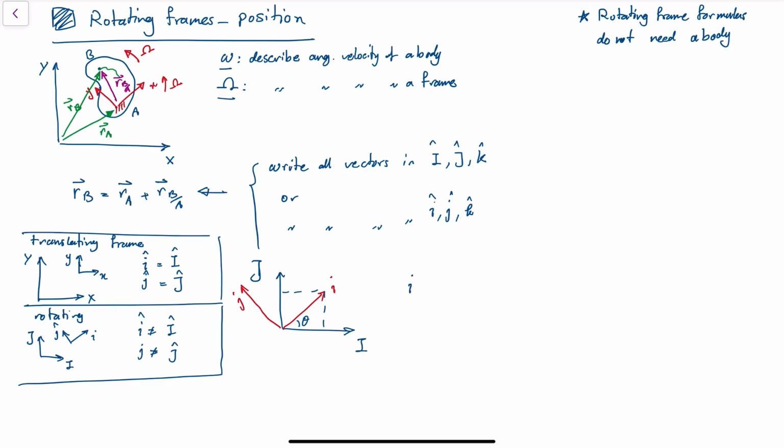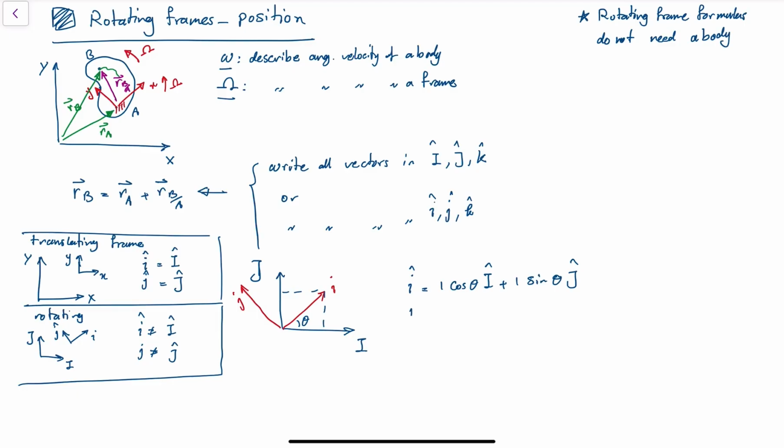For instance, you can write little i itself is 1 cosine theta big I plus 1 sine theta big J. And this is how you can convert from one frame to another.